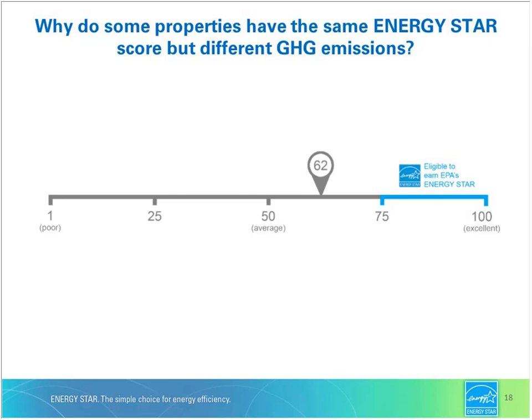So what are the two ways in which greenhouse gas emission reductions can be achieved and can be reflected and captured in Portfolio Manager? The most straightforward way is always going to be increasing your building's energy efficiency, right? The more efficient your building is, the less energy you use, therefore the fewer emissions associated with that energy use.